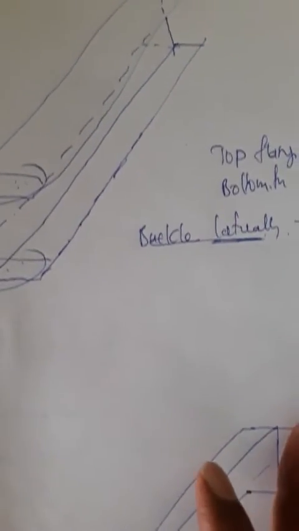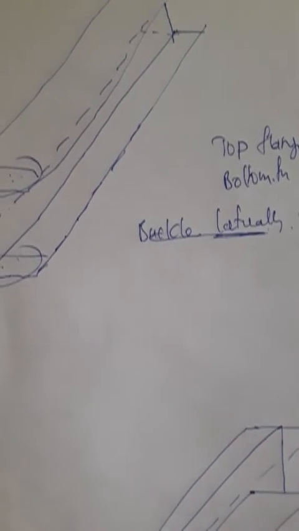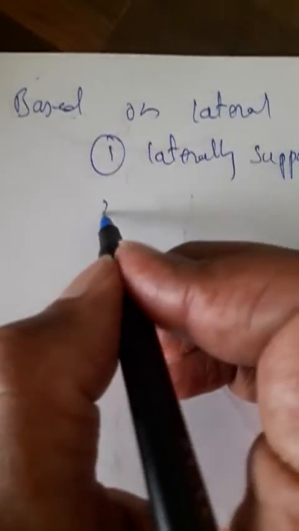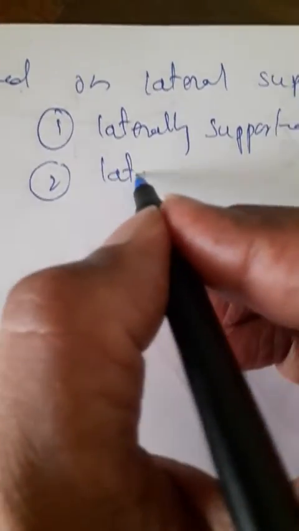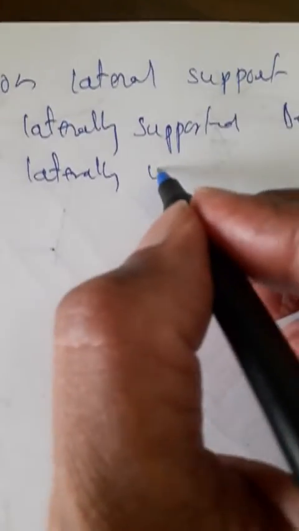Now, based on behavior, two classifications are made. Based on lateral support, two classifications are made. First is laterally supported beams. Second is laterally unsupported beams.